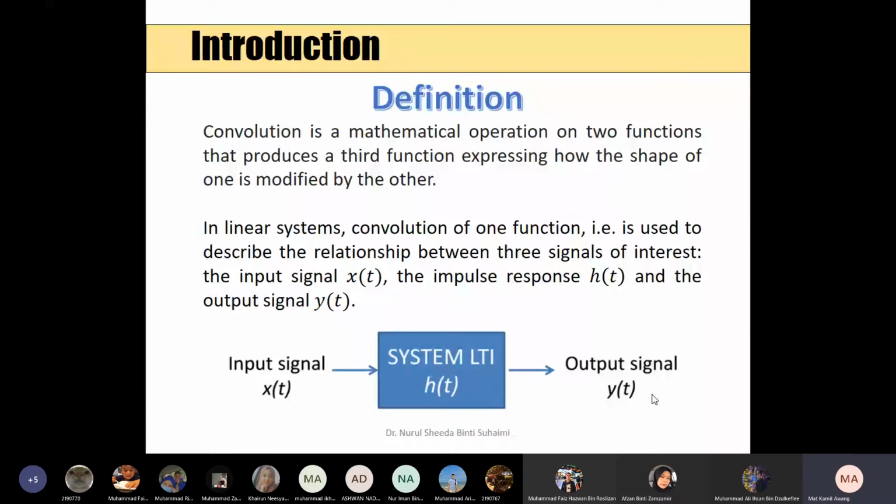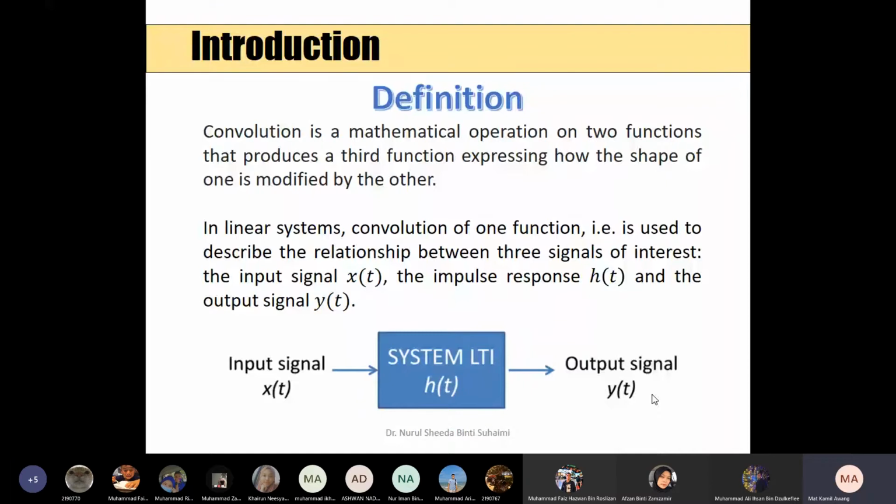And the operation between this x and h will produce the output, the third function, we call it y. How this operation looks, we'll see later. Okay.